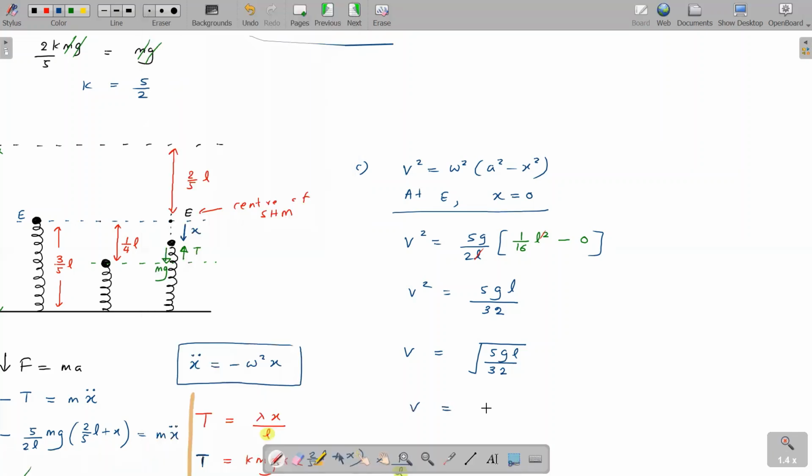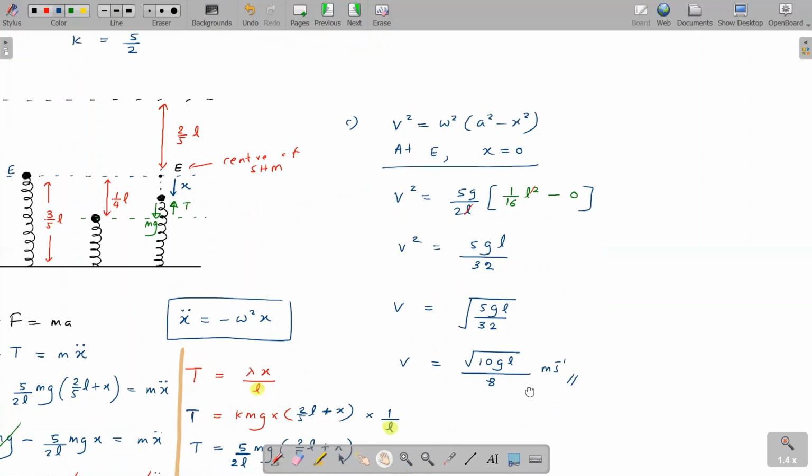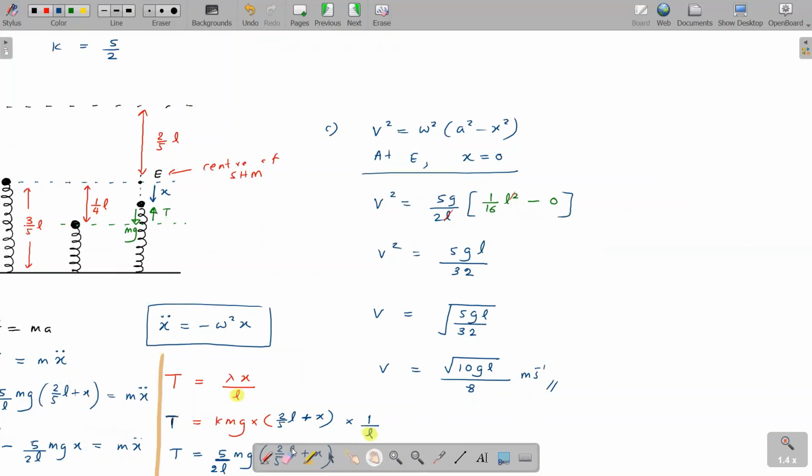So v equals root 10 over 8, which means root 10 GL, everything will be inside the root, and 8 is outside. So root 10 GL over 32, because the root 10, the G and L are all inside the root. You could leave the answer in any equivalent form. It's correct as long as it's an equivalent format of these answers. That will be fine.